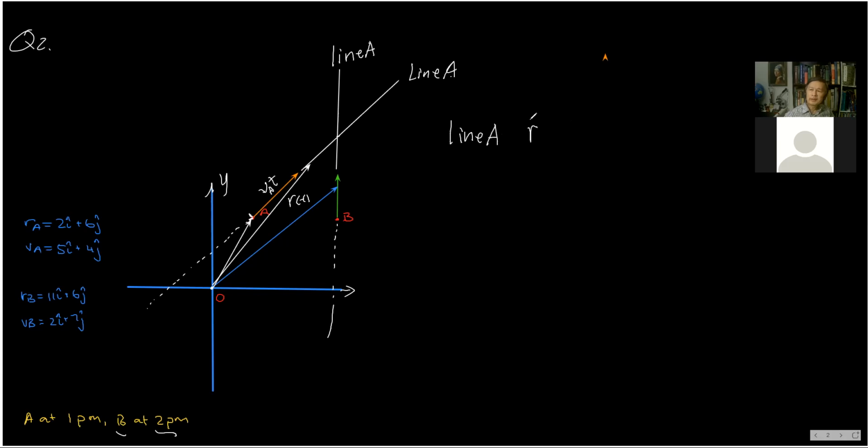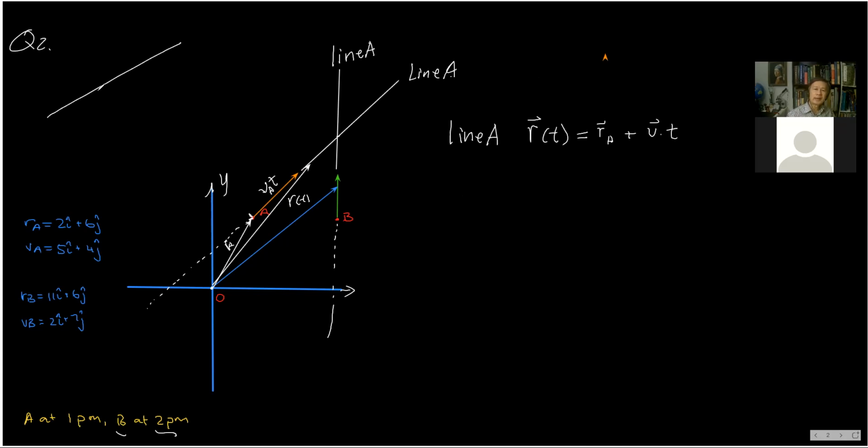So in terms of vectors, this is the vector at any time, which can be written as the sum of RA and V multiplied by T. So that is a straight line for A. Do you remember this in general?